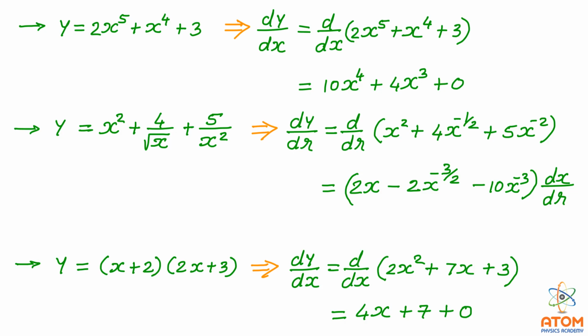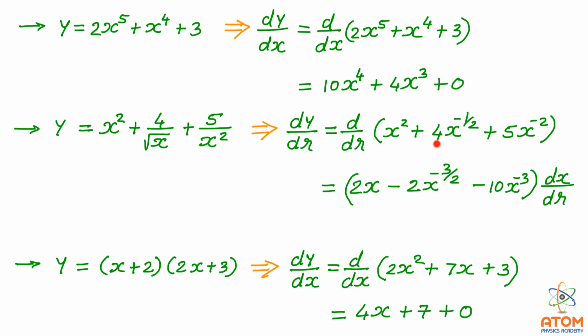Now let us take differentiation of these terms one by one. Mind well, here we have to differentiate with respect to r. So the differentiation of x square with respect to r will be equal to 2x dx by dr. I have taken dx by dr common outside. Then differentiation of 4x raised to minus 1 by 2.